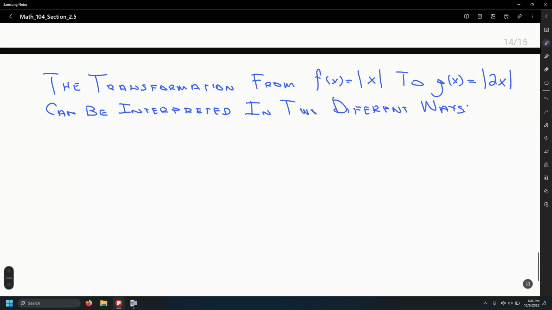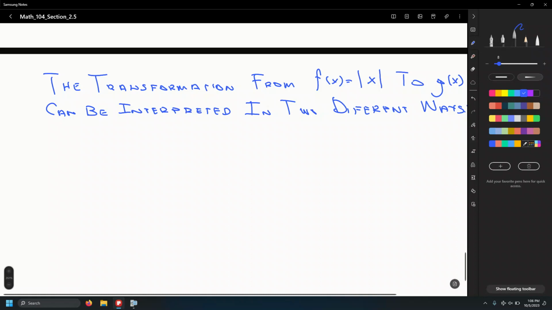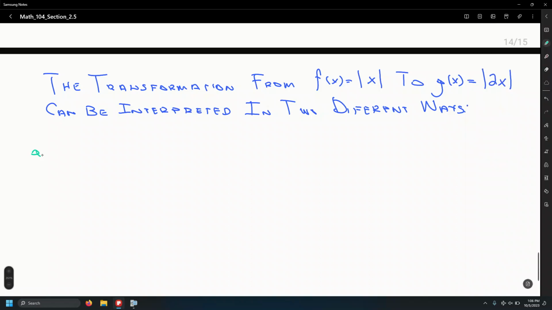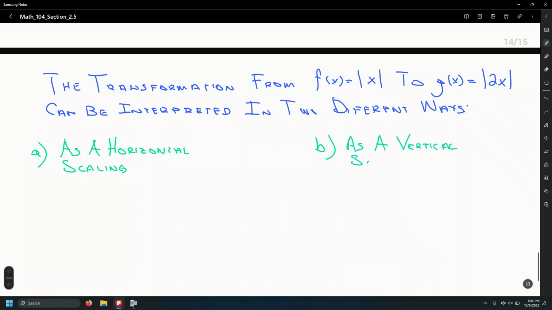Number one, as a horizontal scaling, and letter B, as a vertical scaling.